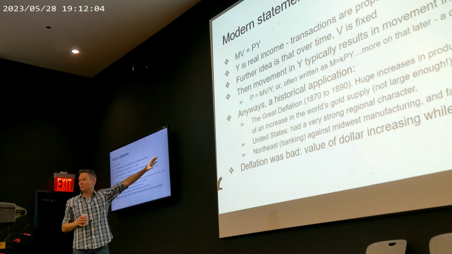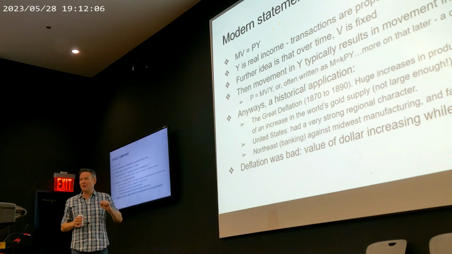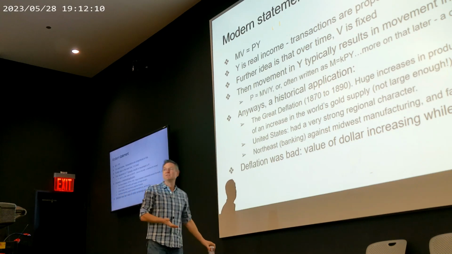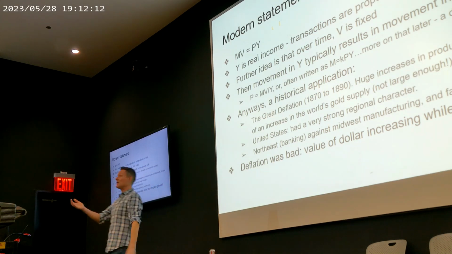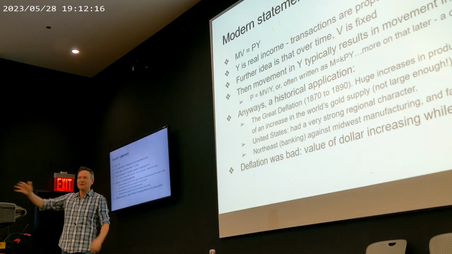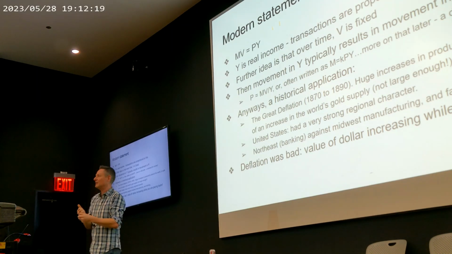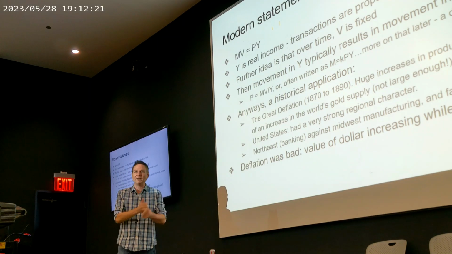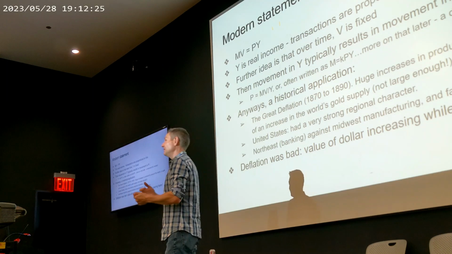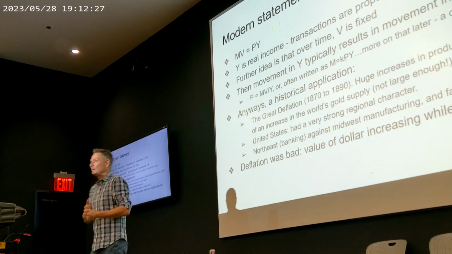Well, the Great Deflation was a phenomenon that was important in the United States and worldwide. What happened was, over this period of time, productivity was booming for all these reasons, right? You think about the United States, all that new land coming into agriculture, railroads, new machinery, all of these things.